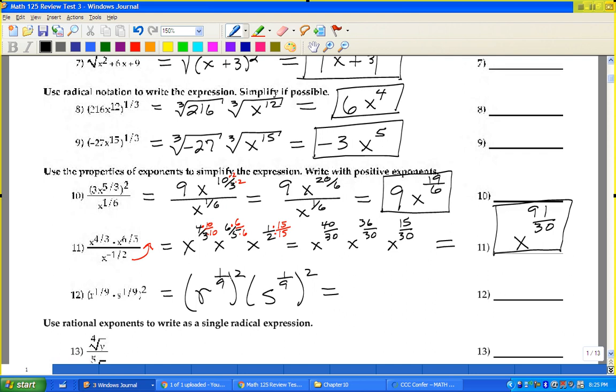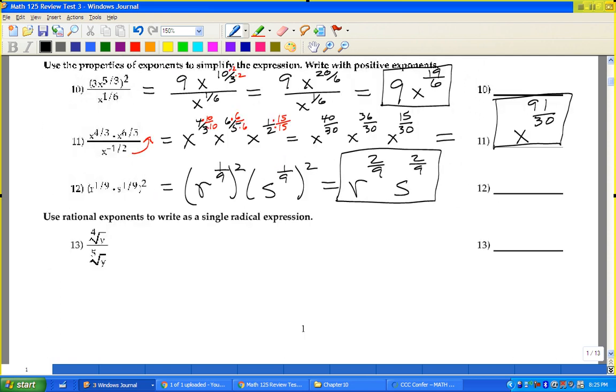Well, I have a base to an exponent, raised to a power. You just multiply exponents and keep the same base. 1/9 times 2 is 2/9. Again, I have a base to a power raised to a power, so I multiply exponents. 1/9 times 2 is 2/9. And that is your answer.